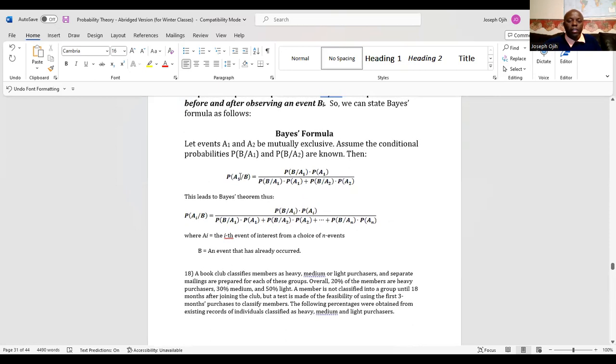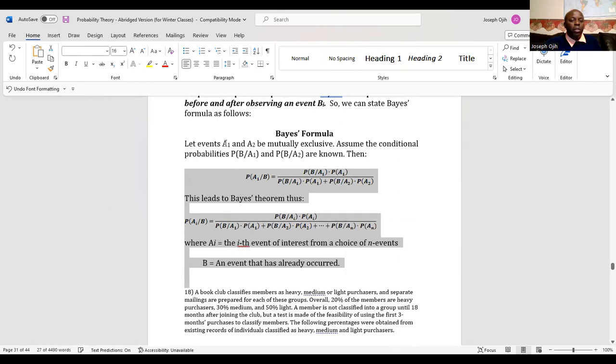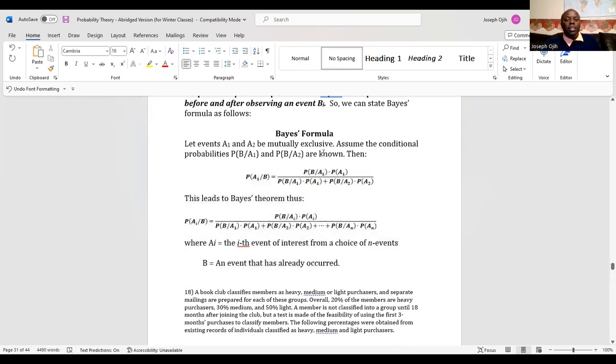According to the formula, let events A1 and A2 be mutually exclusive events, and assume that we have conditional probabilities, probability of B given A1 and probability of B given A2.